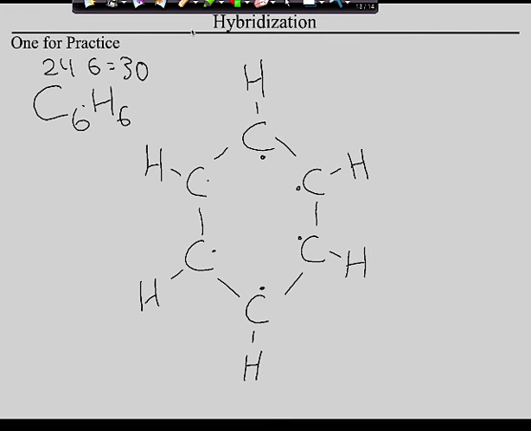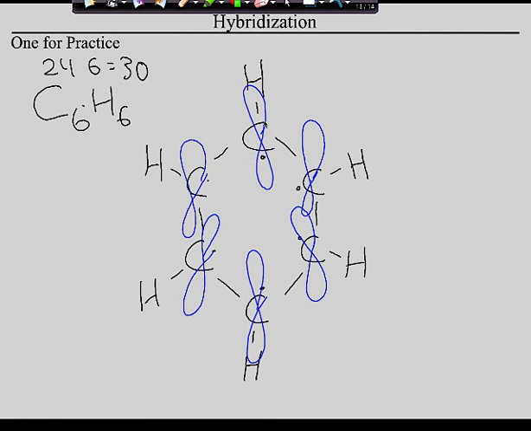What does each one of these carbon atoms have that is not represented if they are each an sp2 hybrid? One unhybridized p orbital. Are you not convinced these are sp2 hybrids? Are you okay with that? If they're sp2 hybrids, each one of them has an unhybridized p orbital. That's where that one electron is.